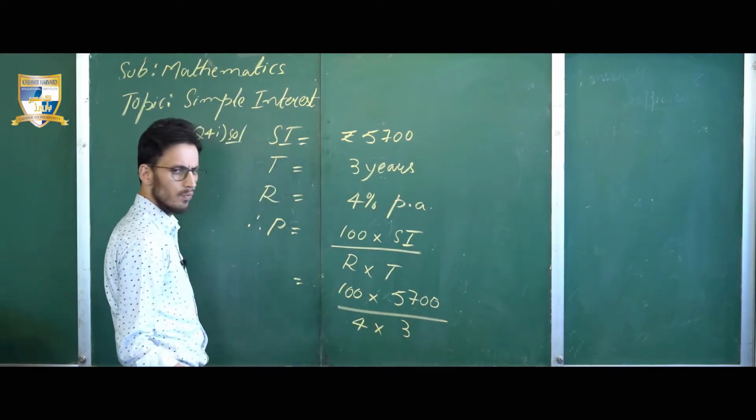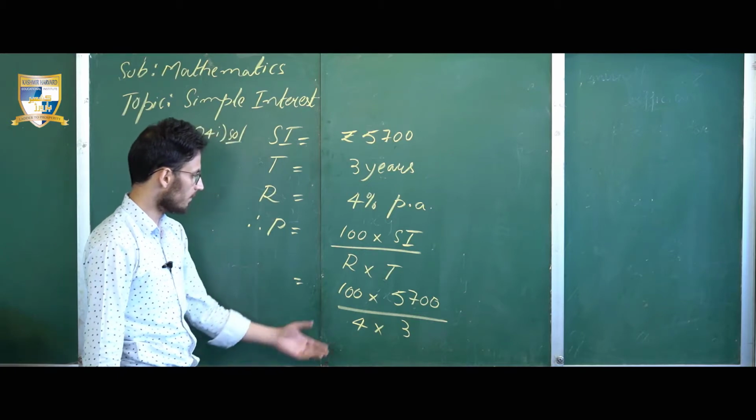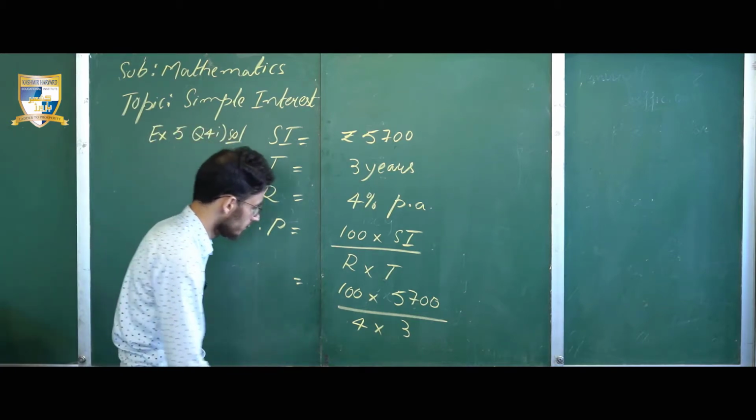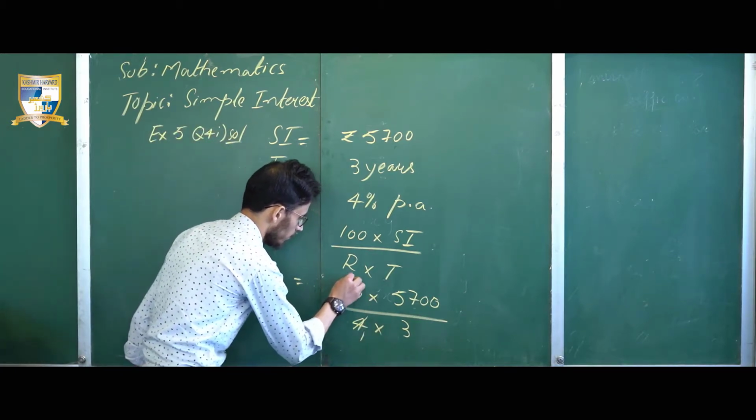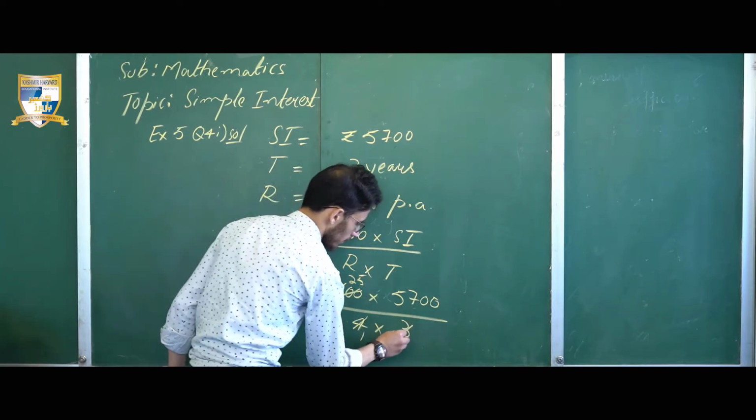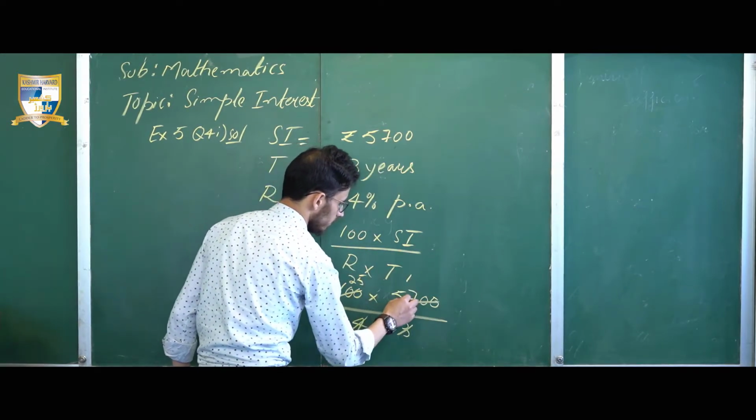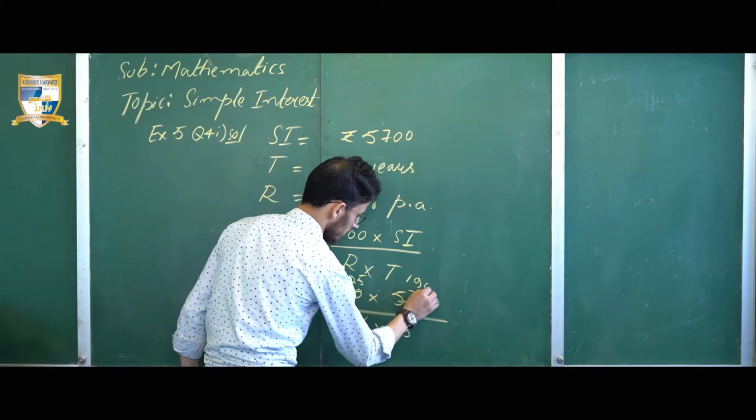Now we are just doing the calculation. After cancelling, we will get the answer. 4 1s are 4, 25, 3 1s are 3, 1, 3 9s are 27, 0.